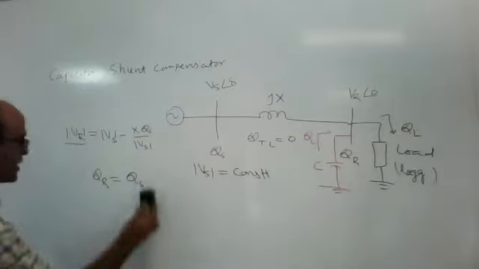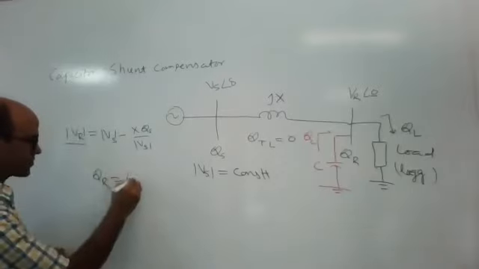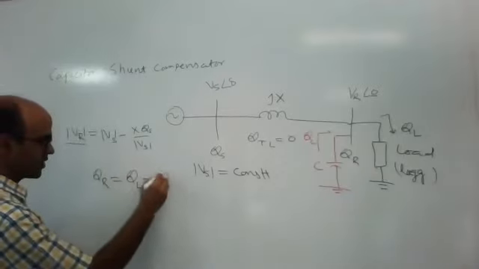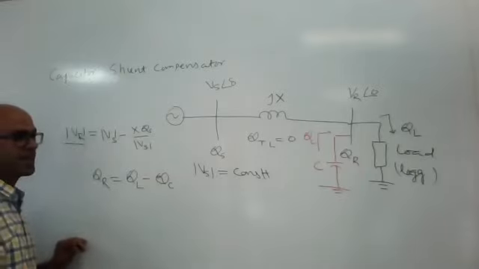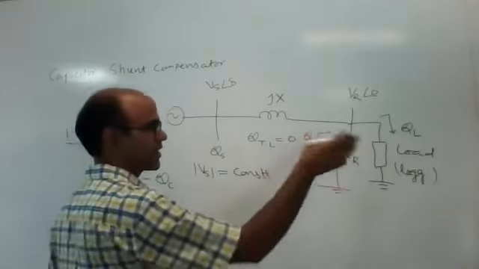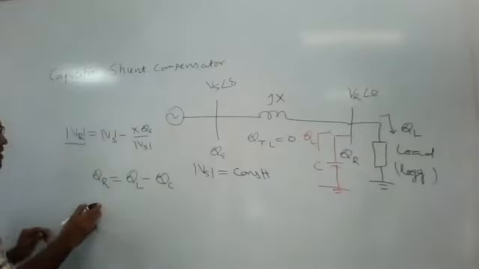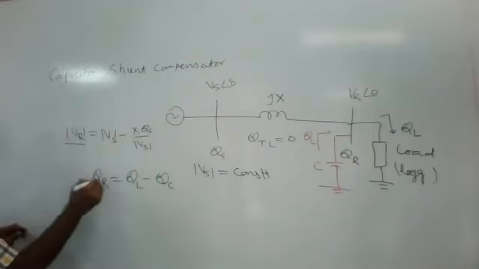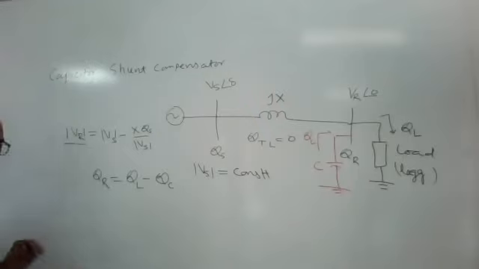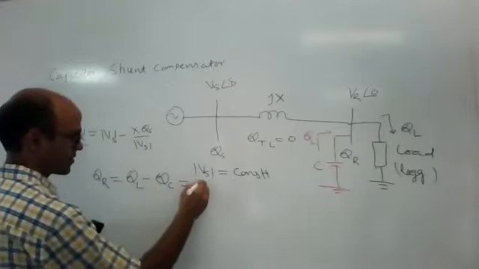So what is this power? QL minus QC. Simply apply it just like a KCL: incoming current negative, outgoing current positive. I am assuming its magnitude is the same as QS.